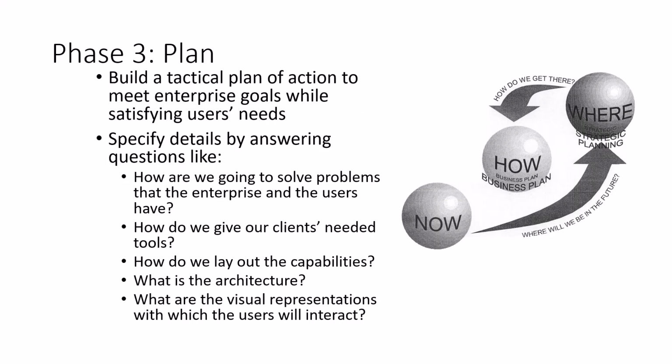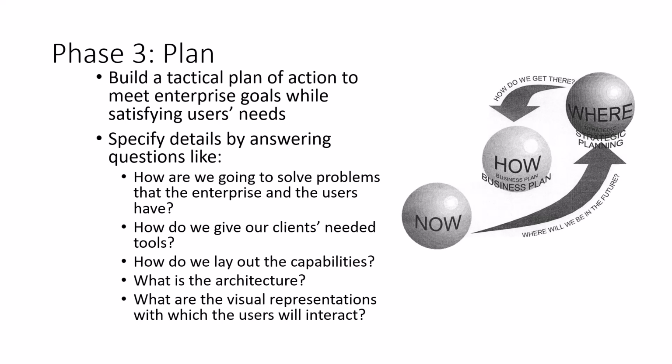The third phase of the program is to create a plan. Build a tactical plan of action to meet the enterprise goals while satisfying the user's needs. Now we have 3 different perspectives in the plan: the enterprise, the actual users, and the person that wrote the plan.